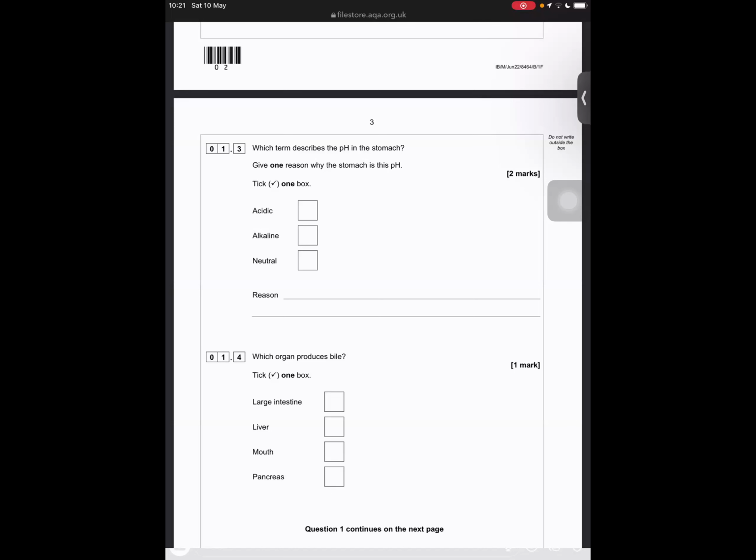What is bile? It's also one of the juices that aids in digestion. Let me see if I can remember its use.